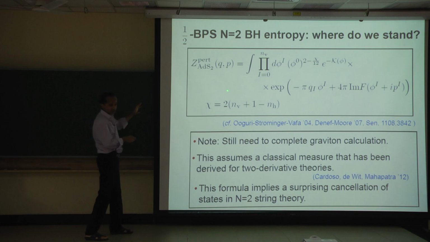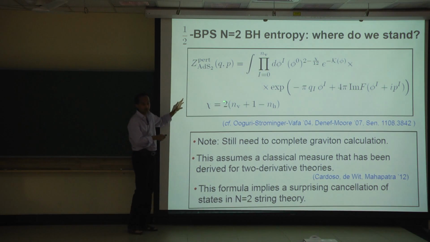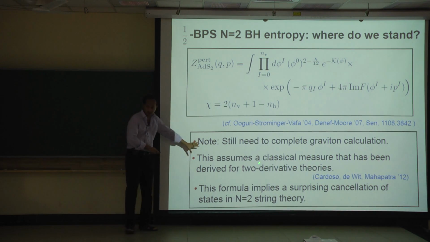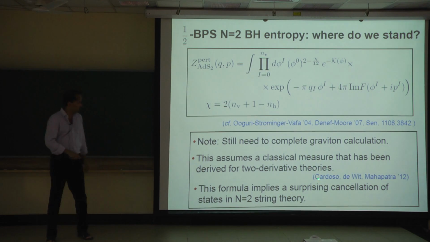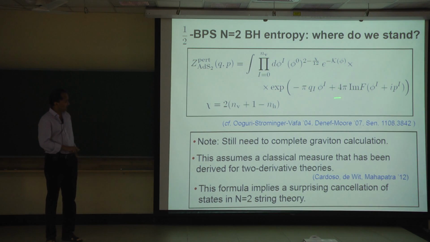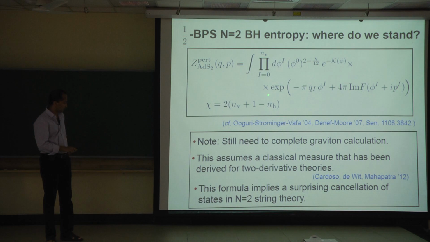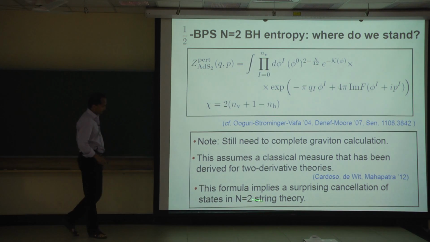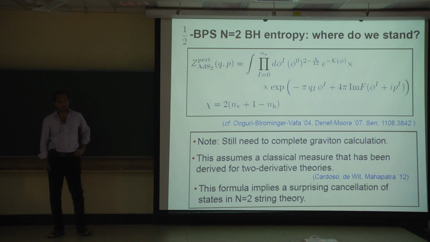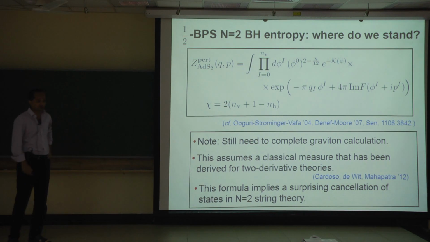And here we have a derivation at weak topological string coupling. Okay, so there are caveats, but that's where we are headed. And the fact that you begin to get a formula which looks similar actually implies a surprising cancellation of states in N equal to 8 string theory. So this was not known so far.